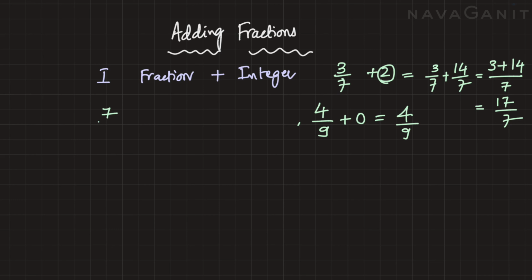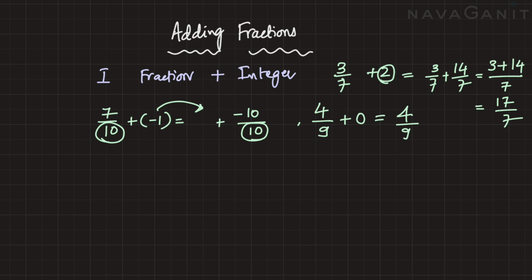Now say we need to add 7 by 10 and minus 1. So what do I do? First I will try to rewrite minus 1 as a fraction. This would be minus 10 by 10. The reason I am writing it as minus 10 by 10 is because I want 10 as the denominator, because here I have 10 as a denominator in 7 by 10.